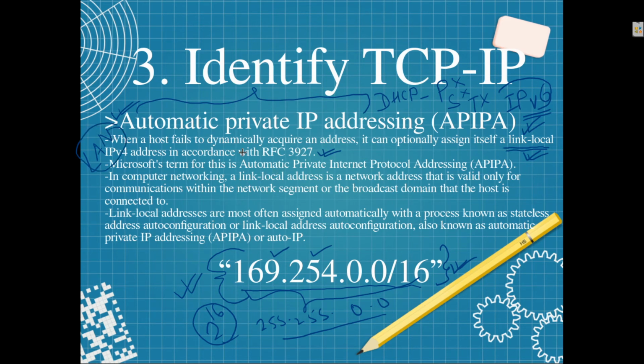So this technology, once they are not able to receive an IP from DHCP, assigns an IP from this range by themselves, and that will be unique within the one broadcast domain. They maintain uniqueness within the broadcast domain, and within that broadcast domain your LAN is going to communicate on this range.